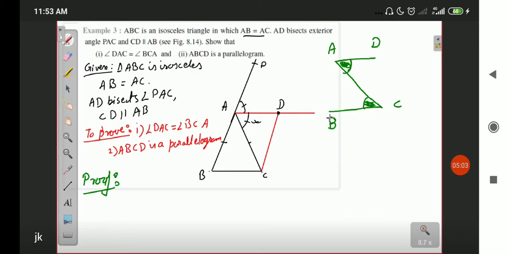If you observe clearly, both of these are a pair of alternate interior angles. If somehow we can prove that line AD and line BC are parallel to each other, then we can say that since the lines are parallel, alternate interior angles are equal.